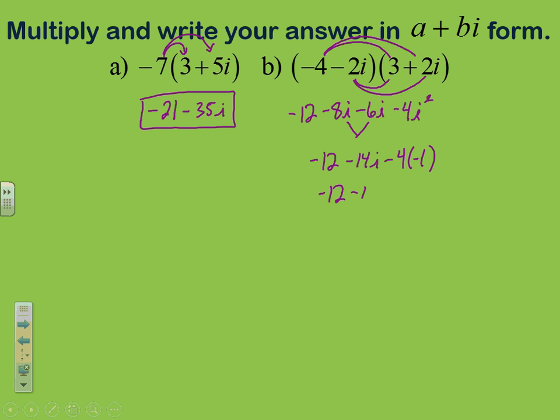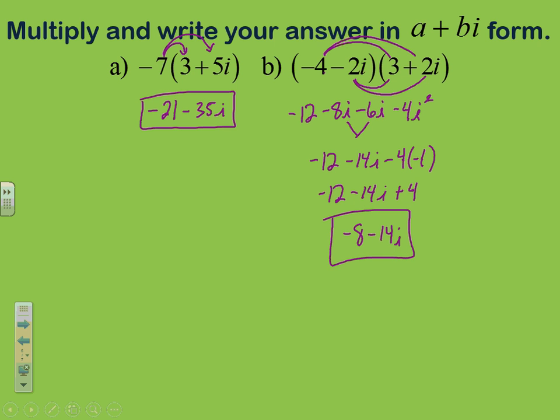Negative 12 minus 14i. The negative 4 times the negative 1 gives me a positive 4. And of course, the 4 and the 12 are both real numbers. They're like terms, so those combine. My final simplified form here is negative 8 minus 14i.